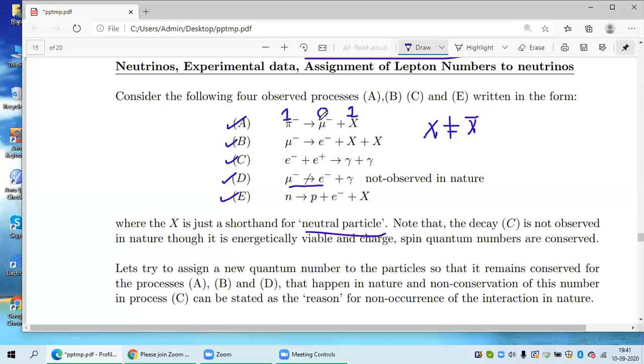So once I set the mu quantum number to be 0, that means mu plus should also be 0. Then this introduced quantum number can't distinguish between mu minus and mu plus. Is it clear? Yes, sir. Clear.